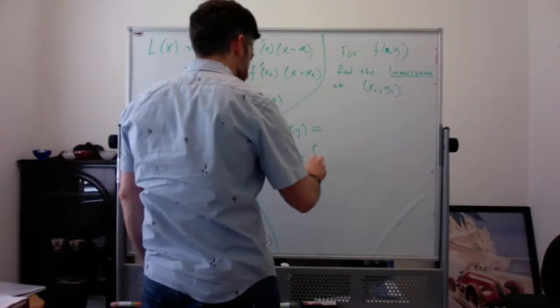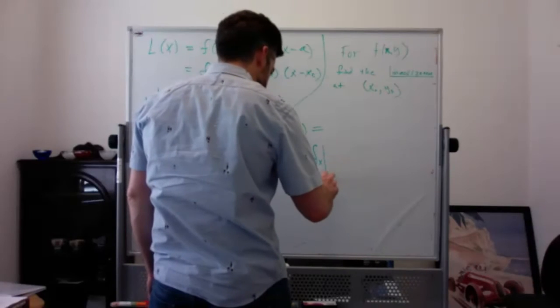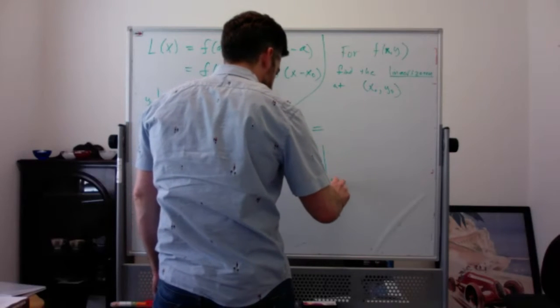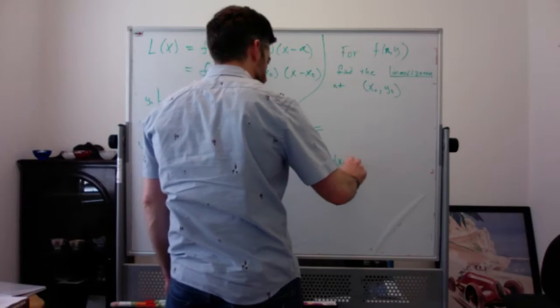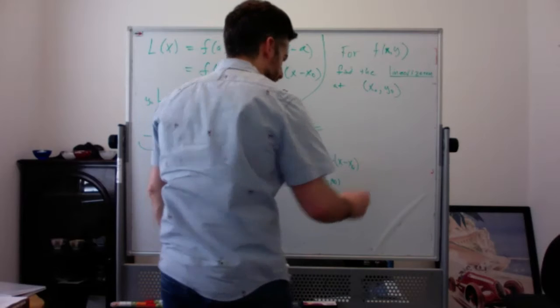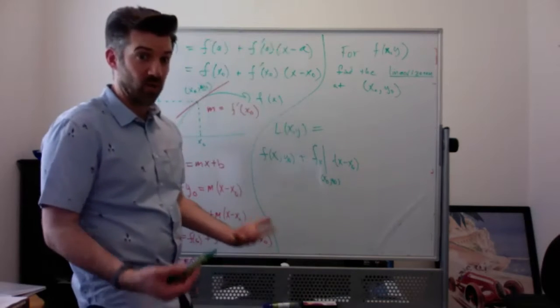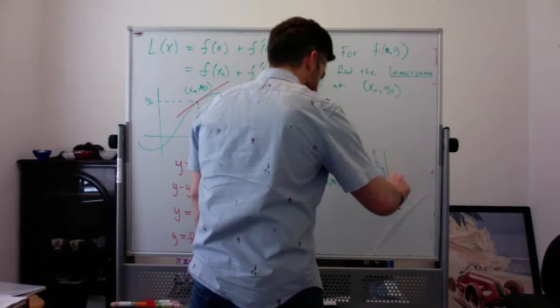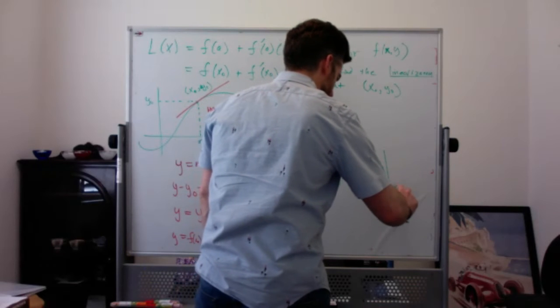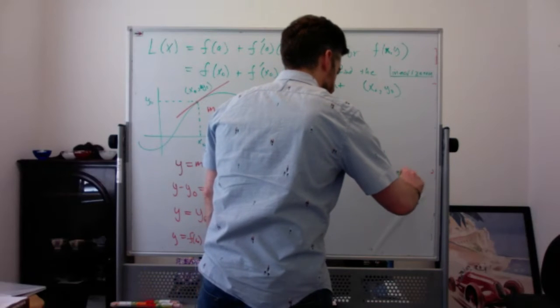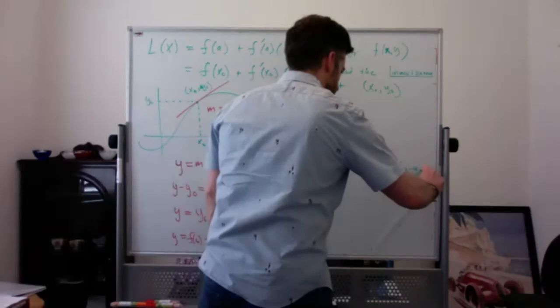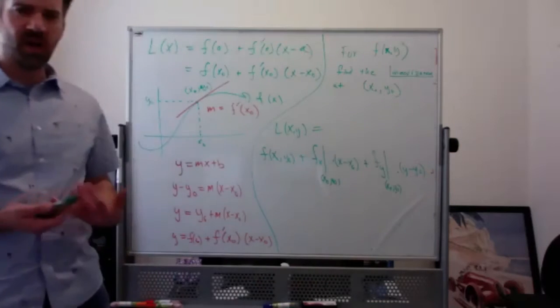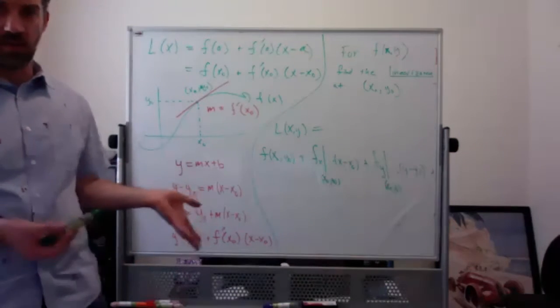I'm going to write it as fx evaluated at x naught, y naught times x minus x naught. And then the same thing in the y direction: fy evaluated at the same point, x naught, y naught, times y minus y naught. And it's a little bit unwieldy, right? It's kind of a messy formula.